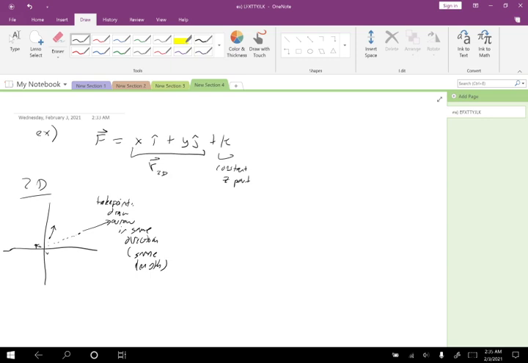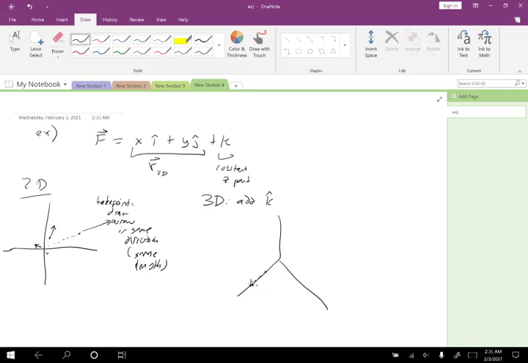Now, if I'm doing 3D, I want to add k to this vector field. So let's again try to sketch out a few arrows. So I'll do dotted lines for the 2D stuff. So if we choose this point, then that would be the 2D version.